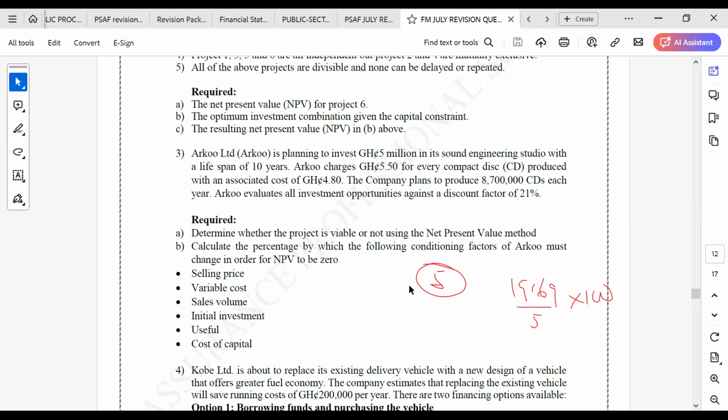Increase your initial investment by that amount and see what you are going to be getting. So increase your initial investment by the 3.3.